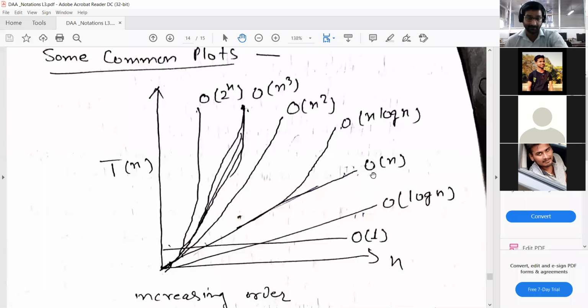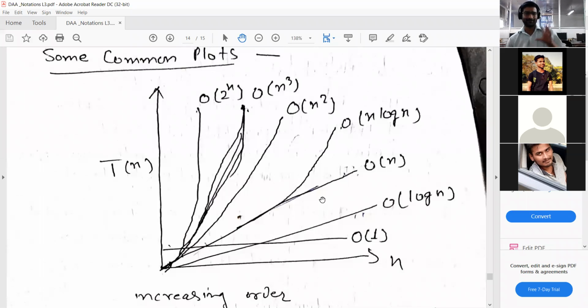But which one is better, n or log n? Obviously, log n is better. It is because in terms of input, if you will see the behavior, the time is not growing more rapidly as n is growing. Okay, so this curve is showing how we predict the behavior of algorithm in terms of some asymptotic curves like log n, n log n, n square, n cube, 2 to the power n.